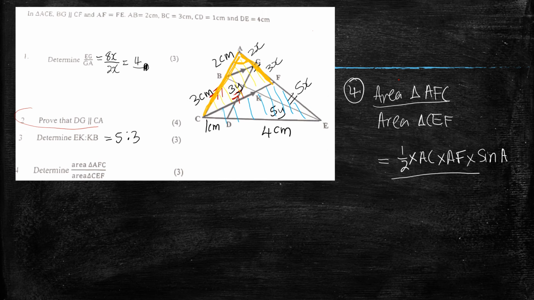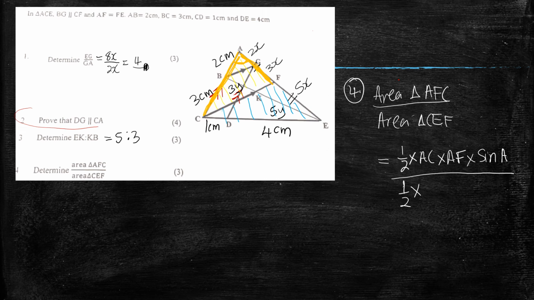So it will be divided by 1/2 multiplied by. Remember, we must ensure that also here we have sine of A, right? So the sine of A and sine of A will cancel each other out. If you don't get sine of A, then it will be a crisis. You won't be able to get that ratio. But let's go and see.